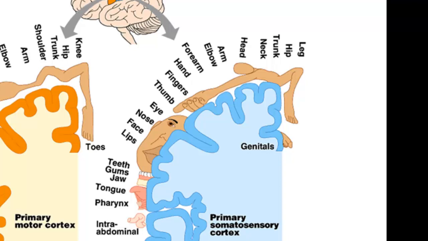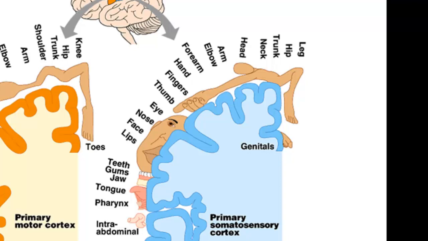You can see as identified in the blue portion of the brain that the somatosensory cortex is also topographically oriented. In other words, each part of that sensory strip is responsible for sensing a specific part of the body.